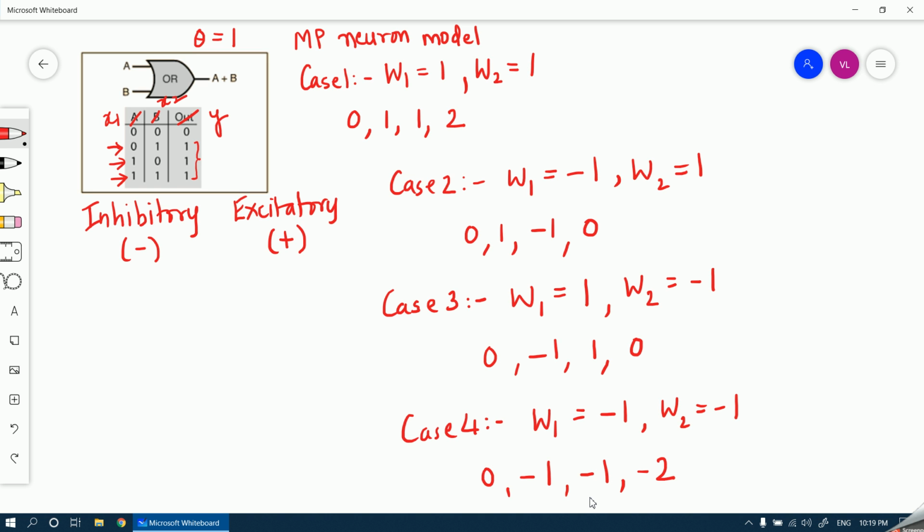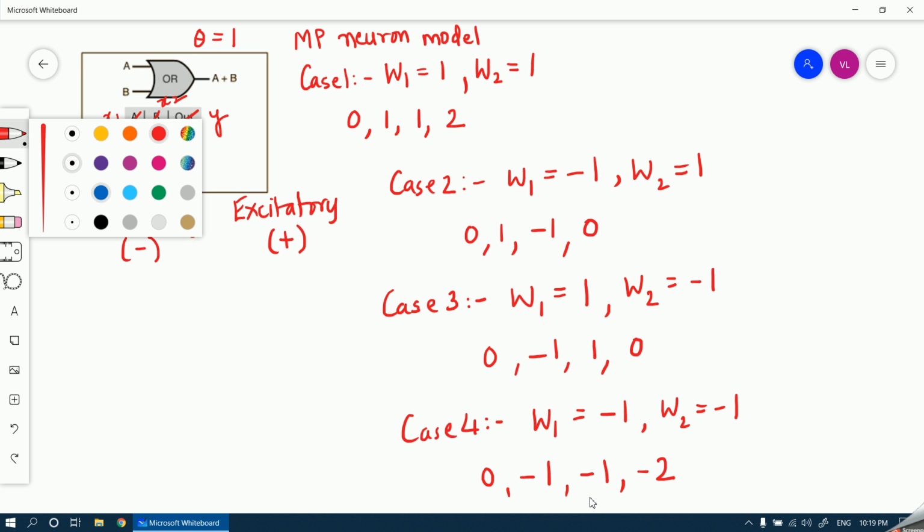In that case, the neuron will fire. If you check the first case, all the three outputs obtained are greater than the first output, so this condition gets satisfied.